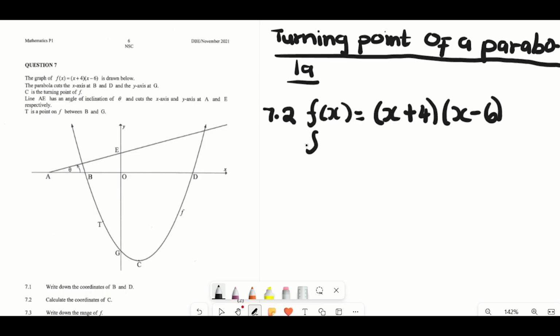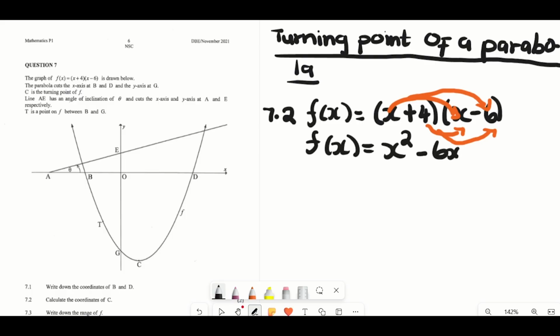So we're going to multiply the brackets out. Our f(x) is going to be equal to x squared. We first multiply x with x, then that same x with negative 6, then the 4 with x, and the 4 with negative 6. So x and x give us x squared. x times negative 6 gives negative 6x. 4 times x gives positive 4x. 4 times negative 6 gives negative 24.